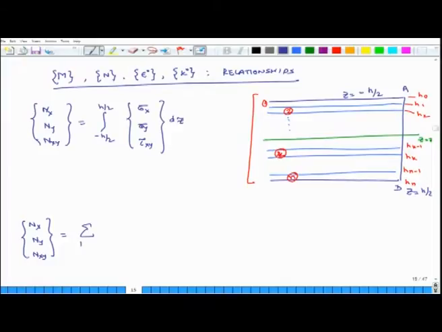So, using this thinking, I have to add this k times, k equal to 1 to n. If there are n layers, then I have to do n additions, and then within each layer I integrate. So, let us say I am integrating for the kth layer.